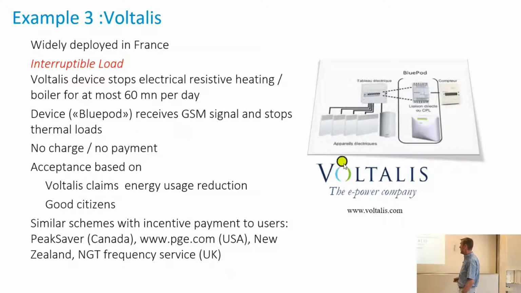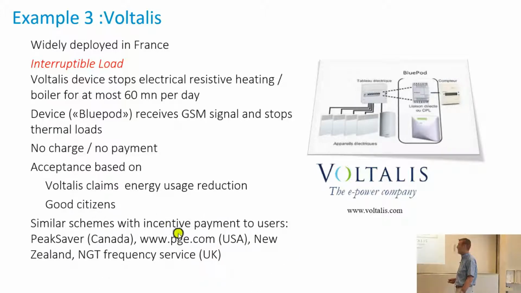And the peculiarity of this one is that Voltalis does not make any money contract with the consumers. The final consumer does not receive any money for that. Other programs in North America, Canada, Ontario, the US, do similar things, but with incentive payments.